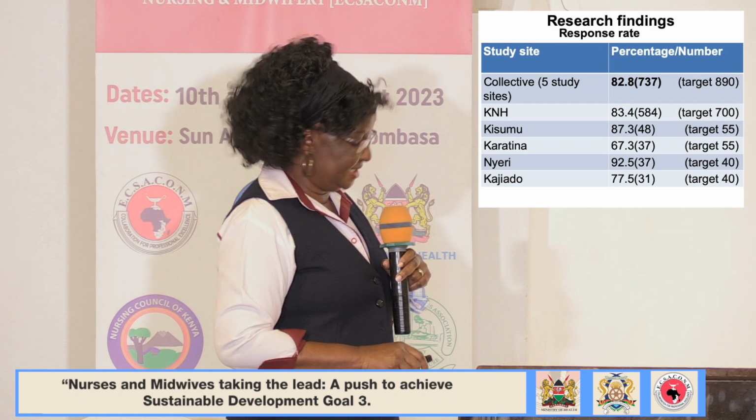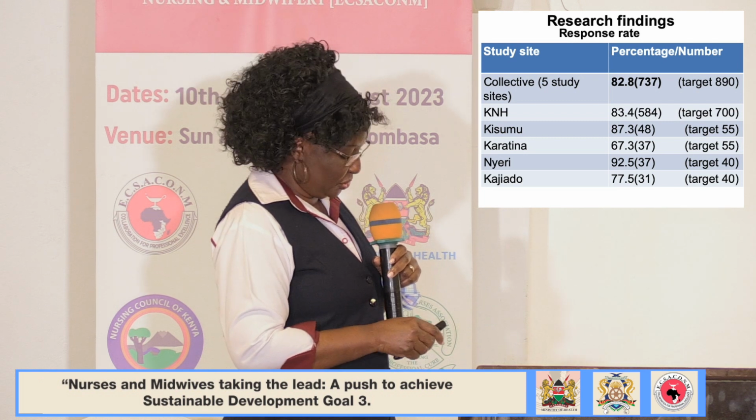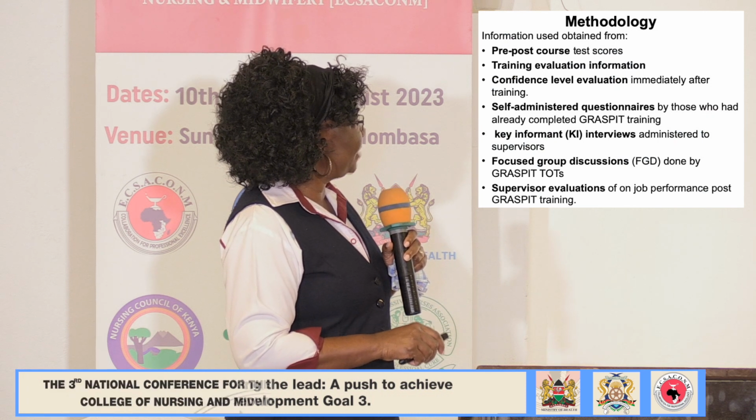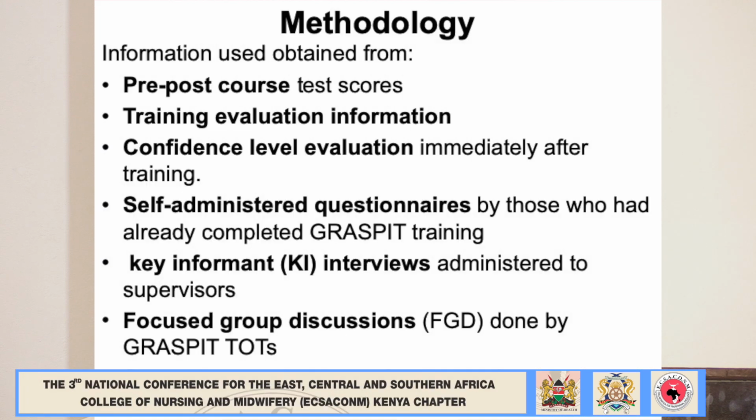And the method is that we used the pre and post training tests. We also did a training evaluation. We looked at the confidence level. We also did a questionnaire for every healthcare worker who had been out there practicing 6 weeks after the GRASPIT training.